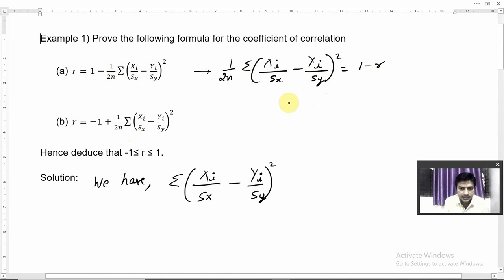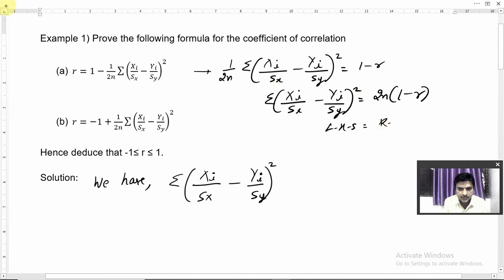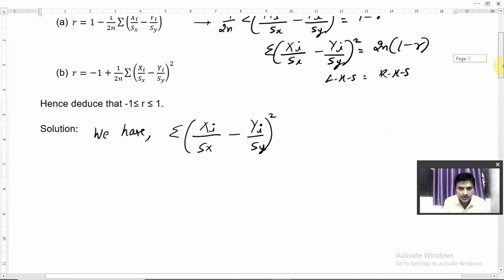If I bring 2n to this side, summation of (xi divided by sx minus yi divided by sy) the whole square is equal to 2n times (1 minus r). This is what I want to prove. I will take this as LHS and this as RHS. Similarly you can do the second. I will show you now.